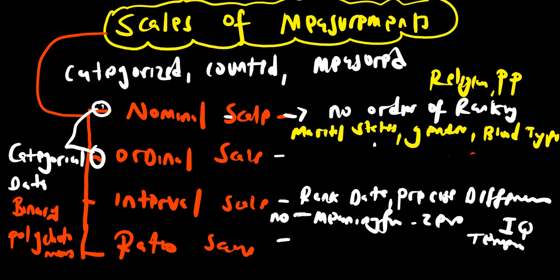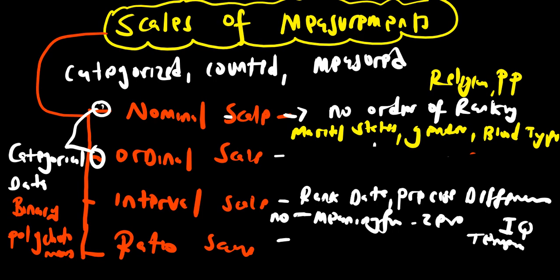The distance between each interval on the scale is equivalent along the scale from low level to high level. Like the difference between 10 and 20 degrees is the same as between 20 and 30 degrees. So there's no meaningful 0. That's what you need to understand on this one.